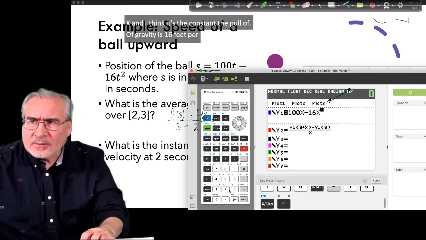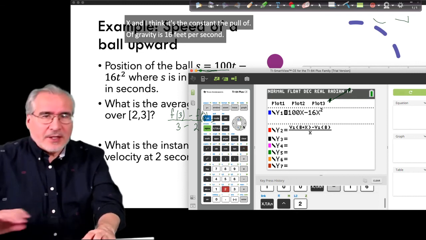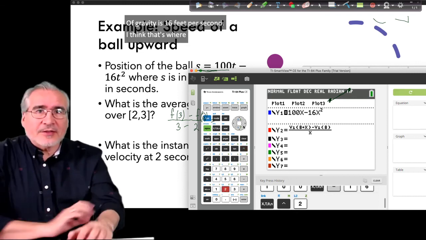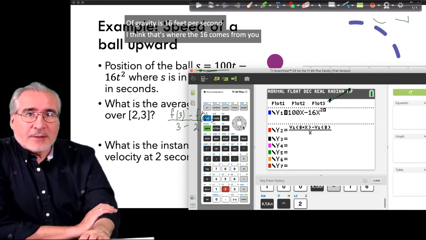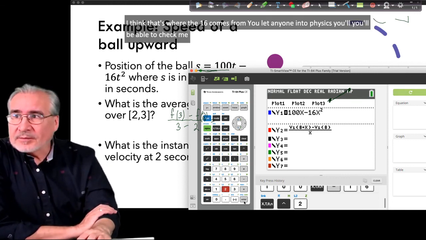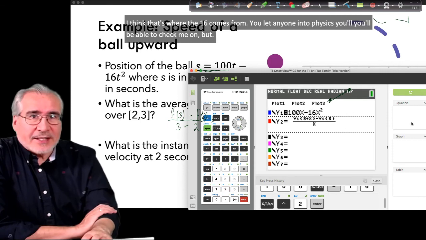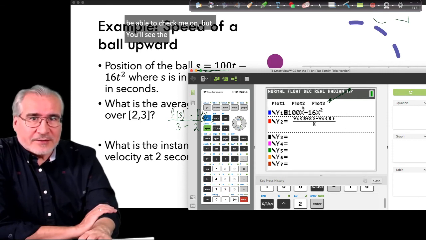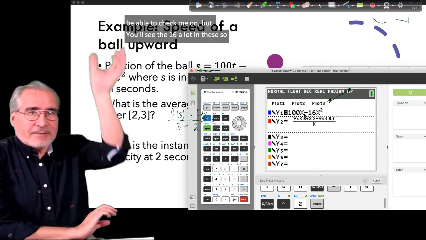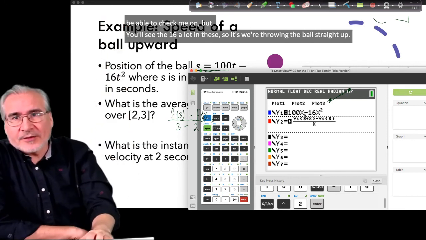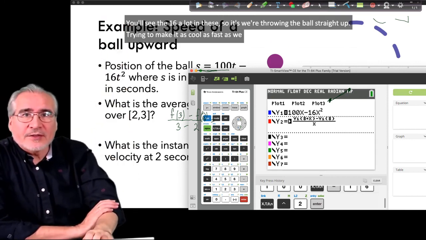I think that's where the 16 comes from. Anyone into physics, you'll be able to check me on that. But you'll see the 16 a lot in these. So we're throwing the ball straight up, trying to make it go as fast as we want. You can look at the book's example here.